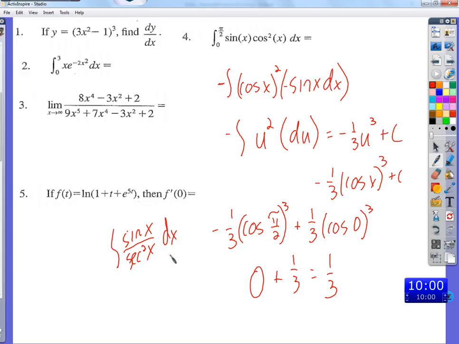Typically, if you have a function over a function, you're going to want to use the log rule, right? So you're going to hope that this is a function and this is the derivative of that function. It's not. The antiderivative of secant squared is tangent, and that's not working either.